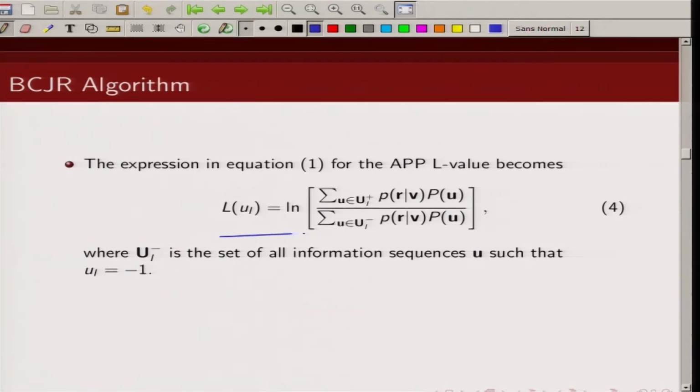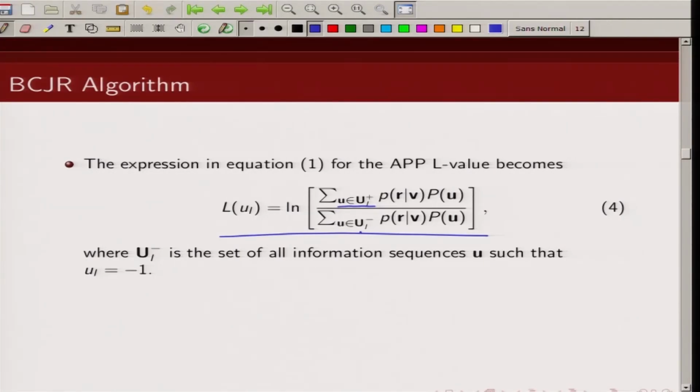So, the APP value of U_l is given by the sum over all information sequences where the corresponding bit is plus 1 of the probability of R given V multiplied by the probability of U, and similarly, for the denominator, we sum over all information sequences where the information bit is minus 1.